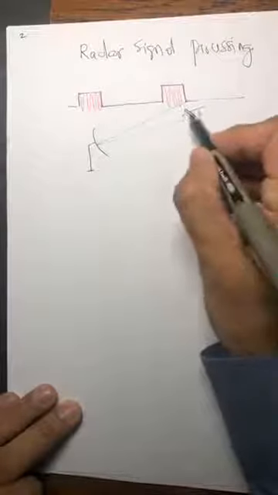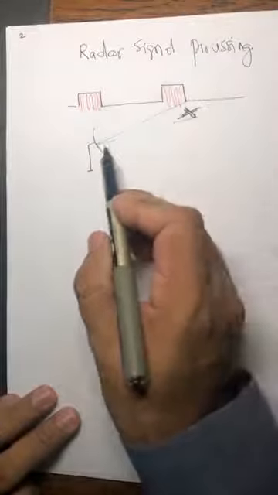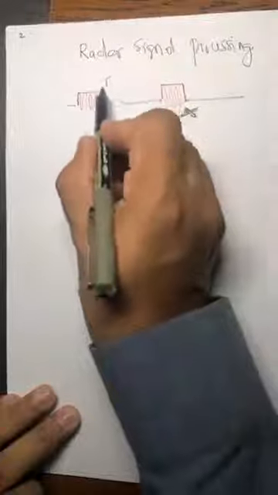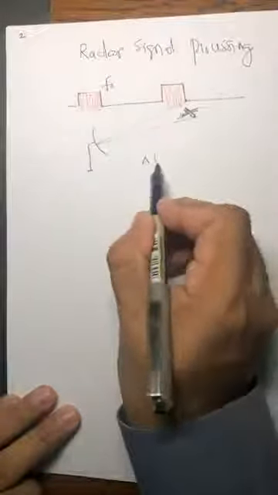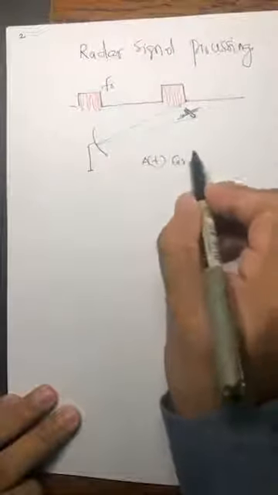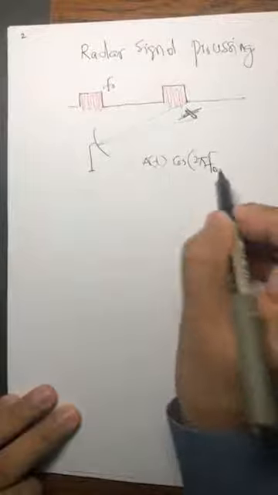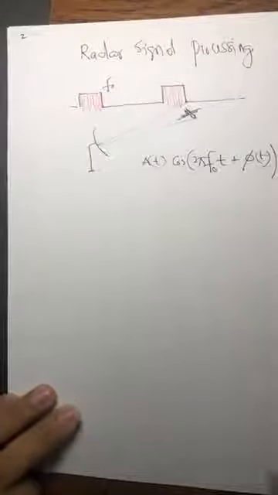an aircraft, what will happen is that a very little signal will come back, which will have a Doppler shift in it. So if you are sending a signal which is modulated by the square pulse, a cosine of 2 pi f naught t, and it must have some phase in it depending upon the time.